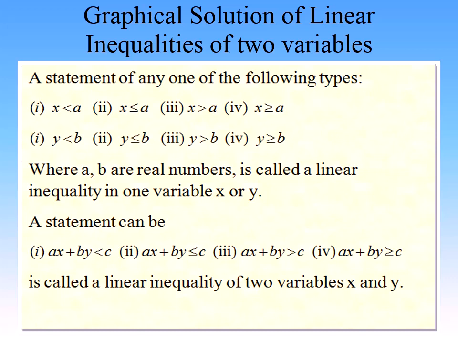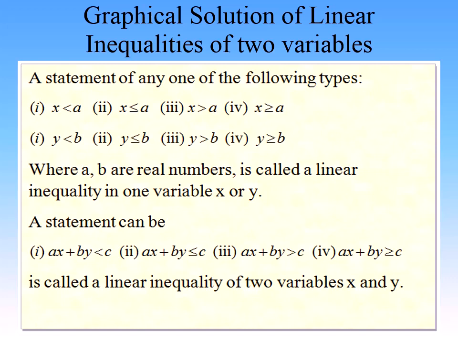x less than a, x less or equal to a, x greater than a, x greater or equal to a. Or we can write y less than b, y less or equal to b, y greater than b, or y greater or equal to b, where a, b are real numbers, is called linear inequalities in one variable, either x or y.